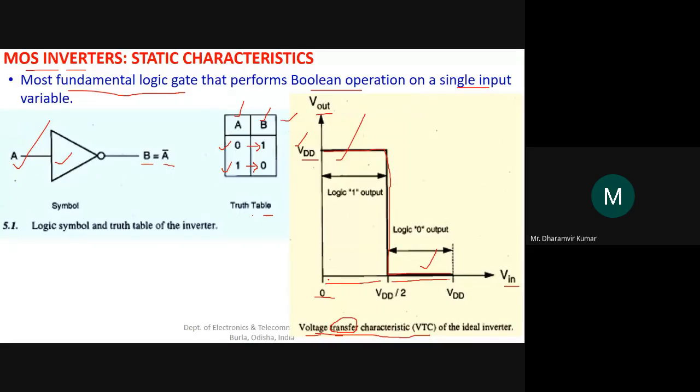So when input is low, output is high, and when input is high, output is low. This is the logic 1 output, and this is logic 0 output. So this is a simple inverse relation between output signal and input signal. Vout is this terminal, and Vin is this terminal.